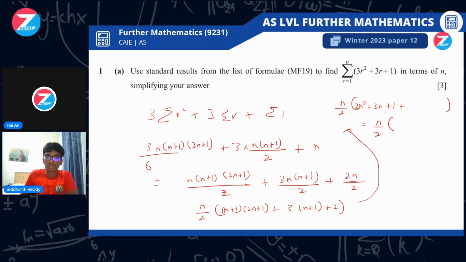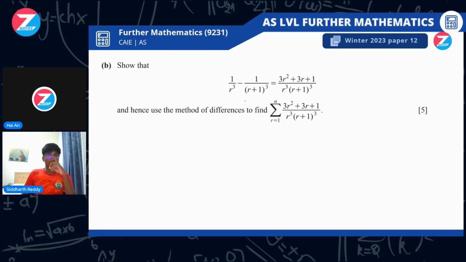It's 2n squared plus 3n plus 1 into 3n plus 3 plus 2. So it becomes 2n squared plus 6n plus 6. So this just becomes n. We distribute the brackets. We get n cubed plus 3n plus 3. 3n squared plus 3.